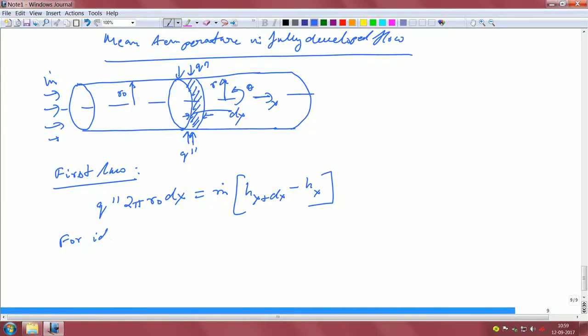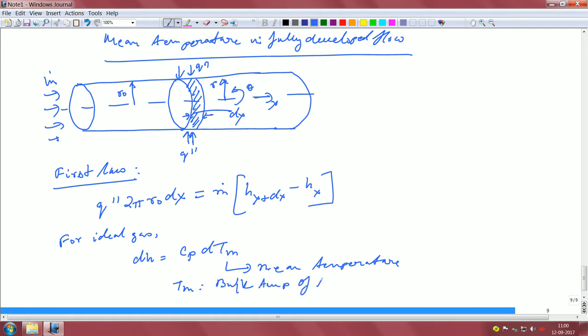Okay. Now, for ideal gas, okay, dH is given by Cp dTm, okay, where we are introducing Tm as the mean temperature, and we will see what this is in a second. Okay. So, Tm is basically the bulk temperature of the fluid entering the control volume.